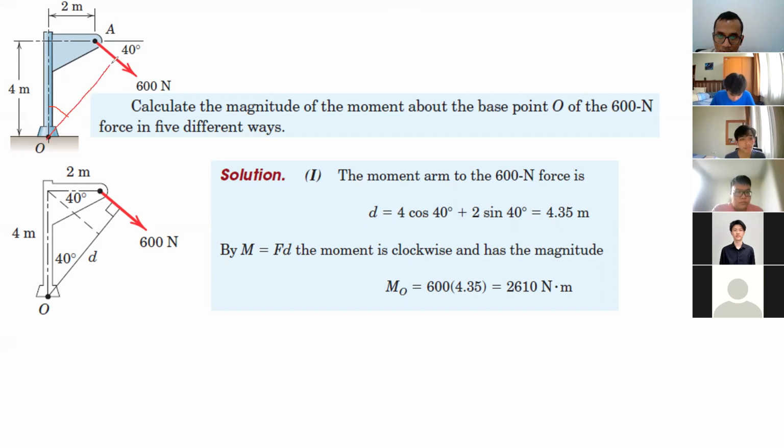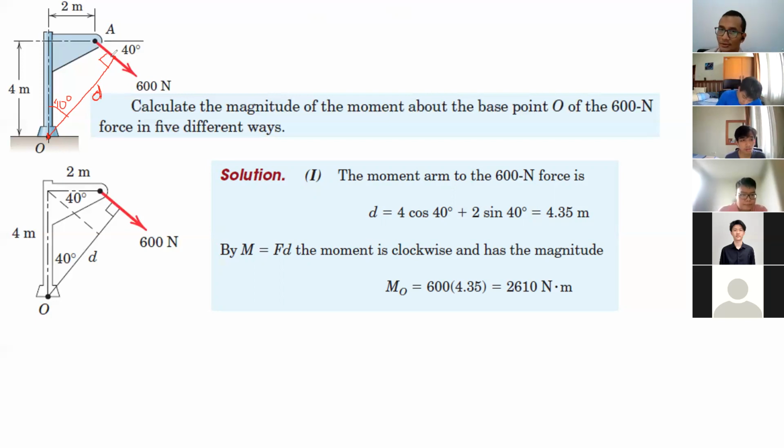Because if we do this particular line and this angle is 40 degrees, we will find that this particular angle will be 90 degrees. Correct, right? So basically what we're supposed to find is the D here. The distance between O to force here, but the perpendicular distance.